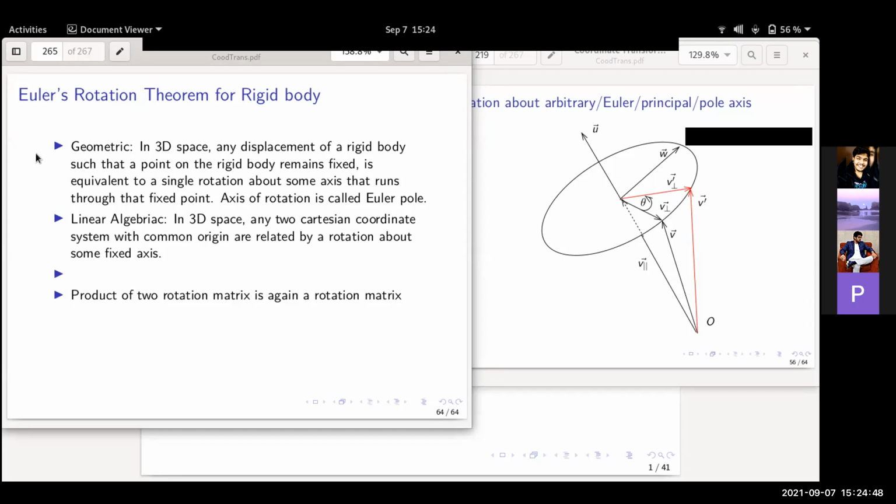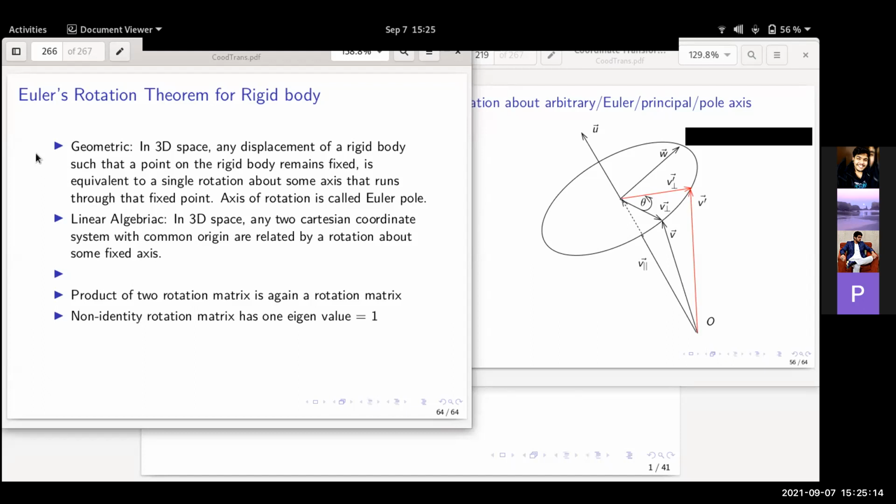So another important concept to understand is that the product of two rotation matrices is again a rotation matrix. We have already seen that because rotation matrices are orthogonal, the product of orthogonal matrices is also orthogonal. In addition, you can verify that the determinant is also 1. In fact, composition of rotations is going to give you a complete rotation.